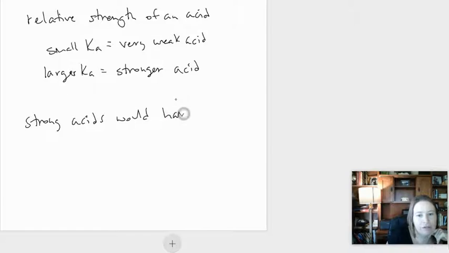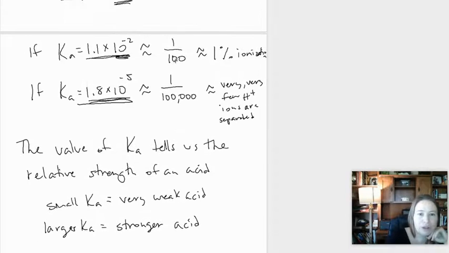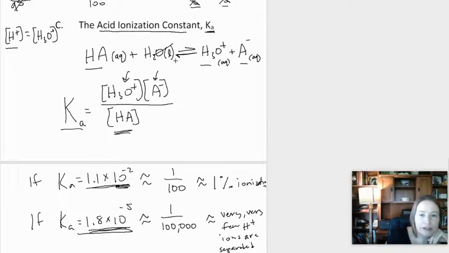Strong acids would have a Ka where, when you have all product, so for a strong acid, all of it is ionized, and the reactant would be basically approaching 0 as you have none of them together.